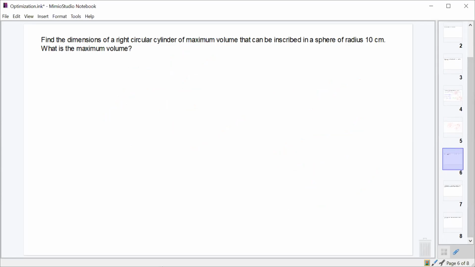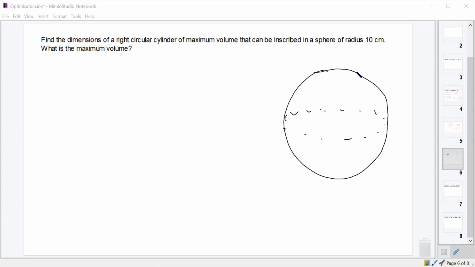We want to find the dimensions of a right circular cylinder of maximum volume that we're inscribing into a sphere of radius 10. So here is my sphere, and in that sphere we're going to inscribe a cylinder.